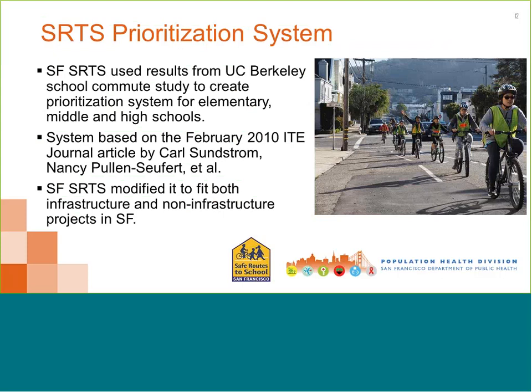And it's based on an article from the National Center for Safe Routes to School. I actually sent a copy to our hosts, who will give it out as a resource at the end of the webinar. That article is focused on prioritizing schools within a school district for capital improvements, but we've modified it a little bit to fit our non-infrastructure needs.